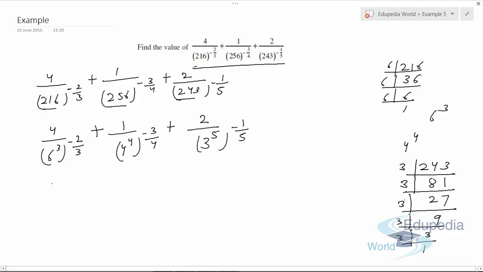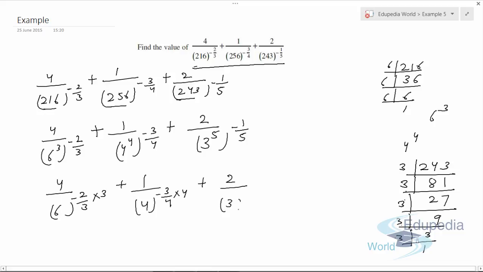So this can further be written as 4 upon 6 raised to power minus 2 by 3 into 3 plus 1 upon 4 raised to power minus 3 by 4 into 4 plus 2 upon 3 raised to power 5 into minus 1 by 5.